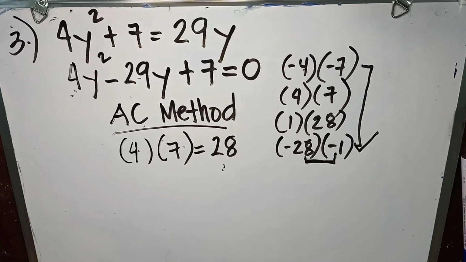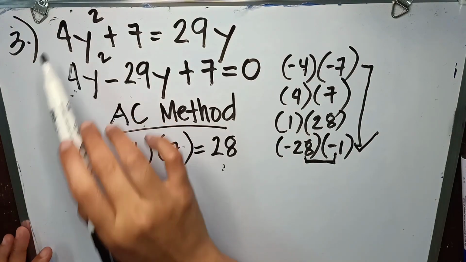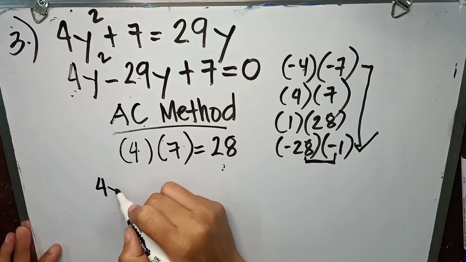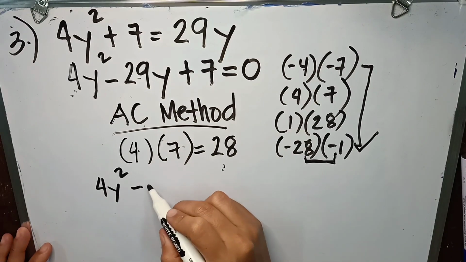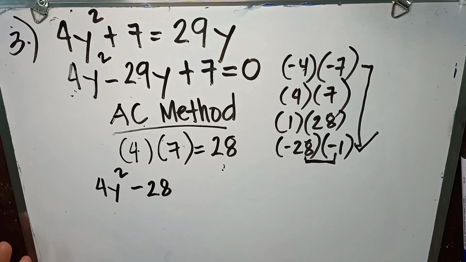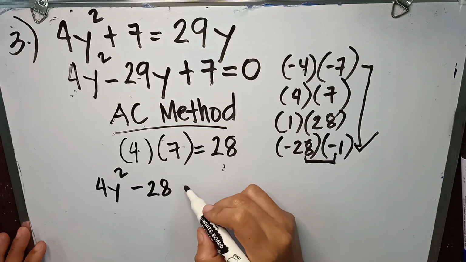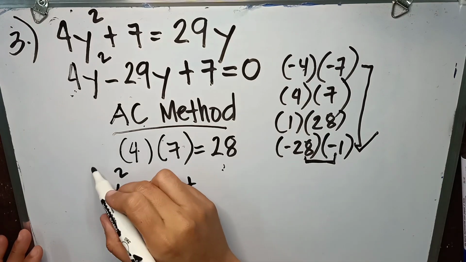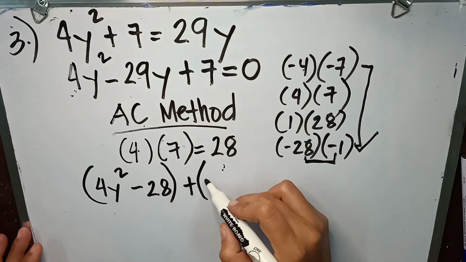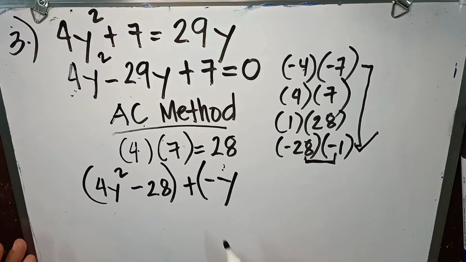Next, copy 4y squared, then minus 28, plus negative y. Why is it negative y?